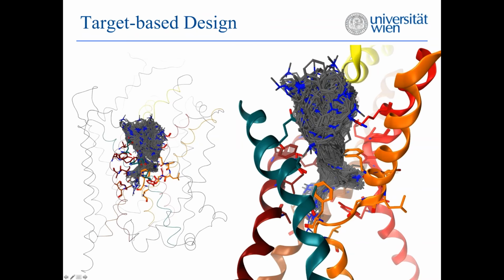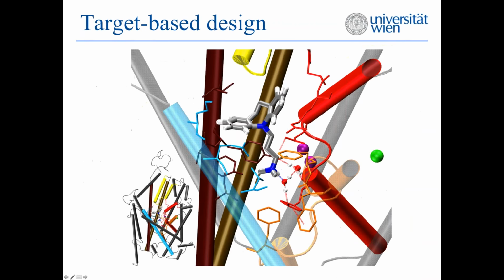This is just imipramine docked into the serotonin transporter. These are the top 100 ranked poses, and basically all of them are plausible. And to come to pictures like this, you either focus on a scoring function, which is quite risky, or you validate your docking poses by experiments. And this is what we are normally doing.